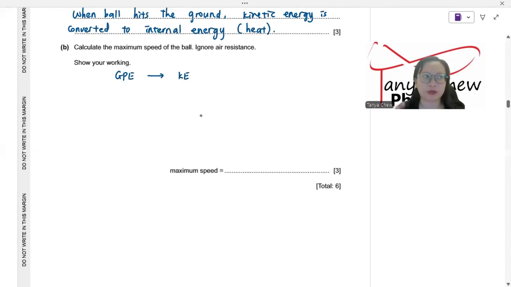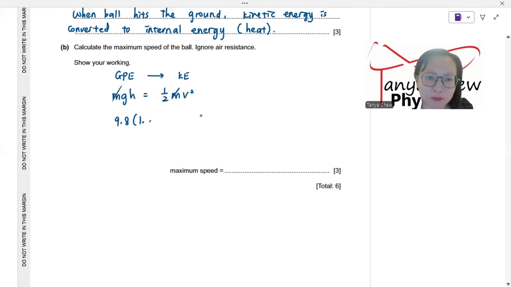Because when the ball hits the ground and the ball does not roll and does not move, it does not give rise to kinetic energy. GPE is equal to mgh, which equals kinetic energy, half mv squared. So you can see m and m can be cancelled here. Again, I have to remind you, the g value is 9.8, the h is 1.8 meter, which was given, and equals half v squared here.